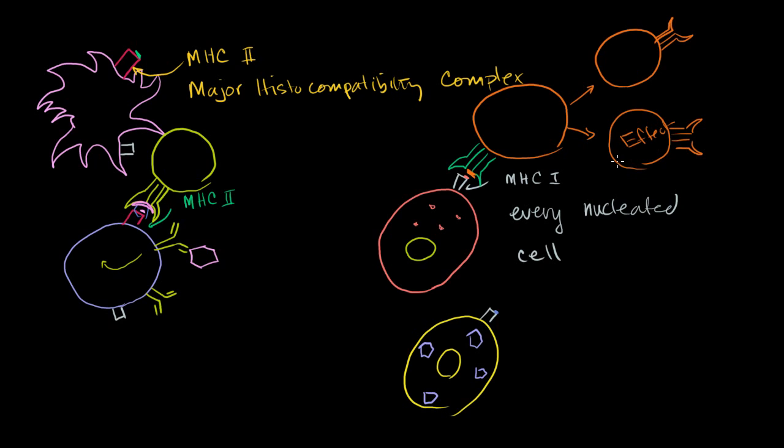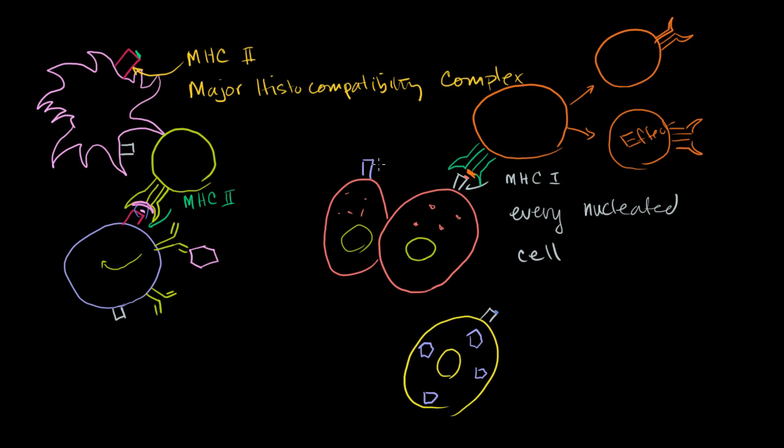So let's say one of these effectors will also bind to cancerous cells, just like this one. Let's say this cell has split, and there's another version of it right here. That's what cancer does. It divides aggressively. It's producing wacky proteins. It presents the wacky proteins on its major histocompatibility type 1 complex.